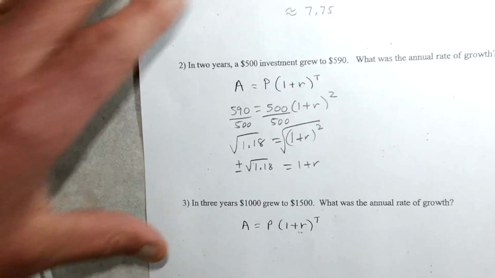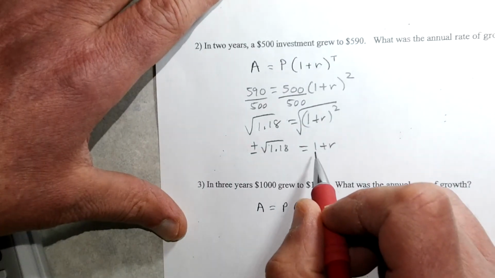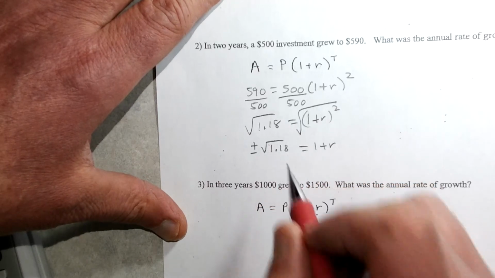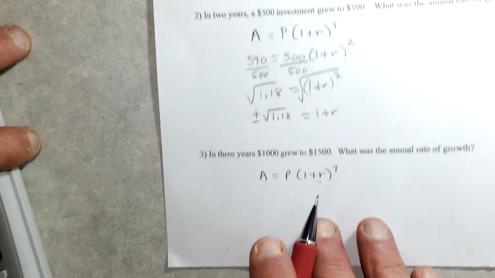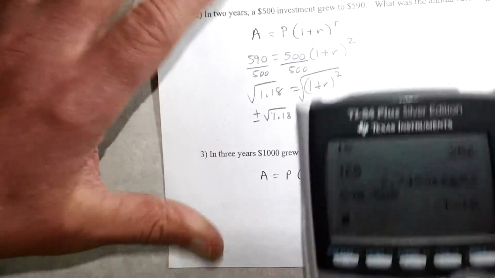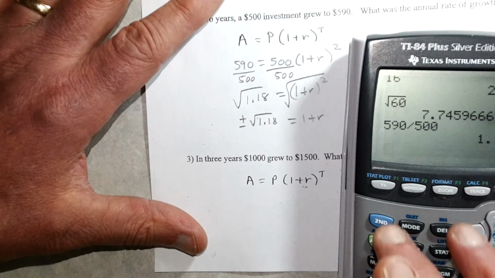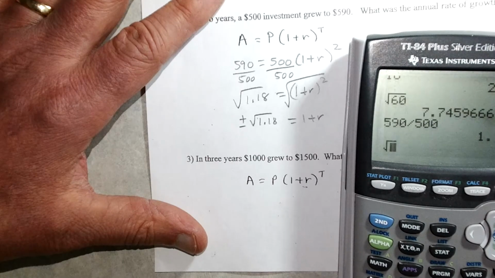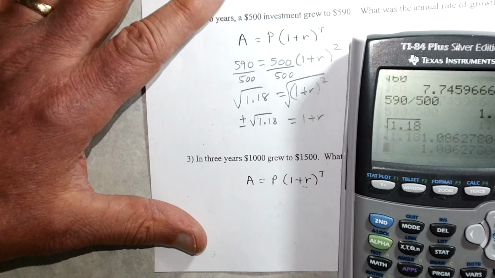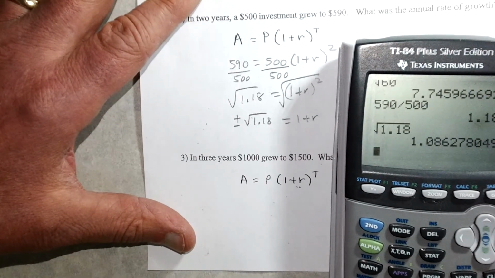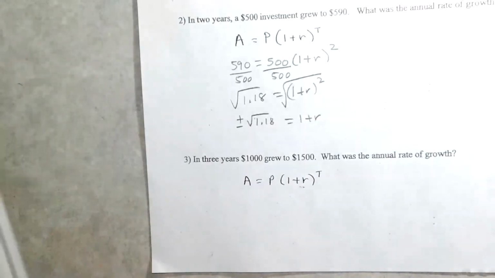So now I'm going to bring this 1 over. Let me calculate this in my calculator before I do that. Let's see what the square root of 1.18 is. The square root of 1.18 turns out to be about 1.086.